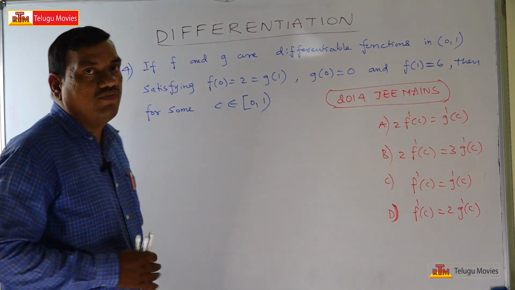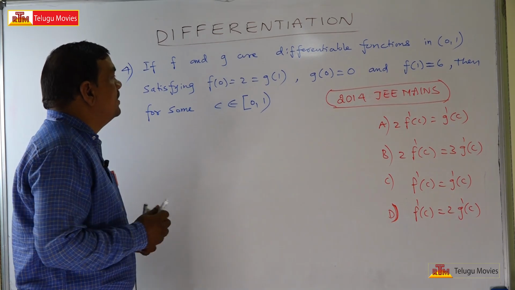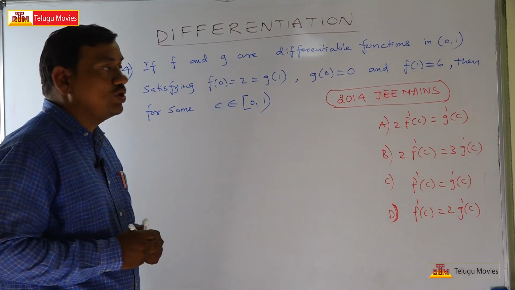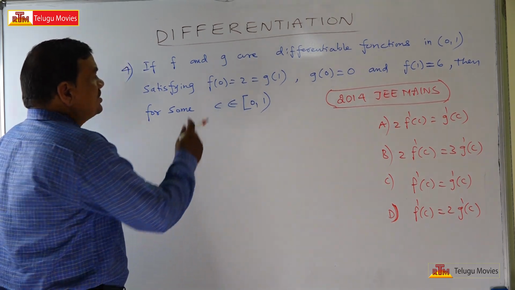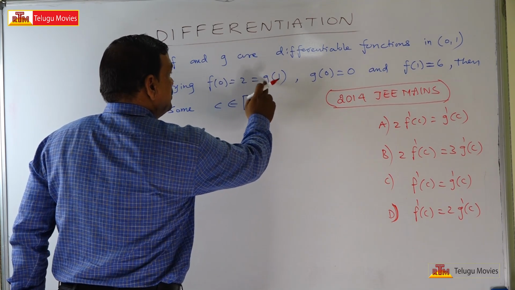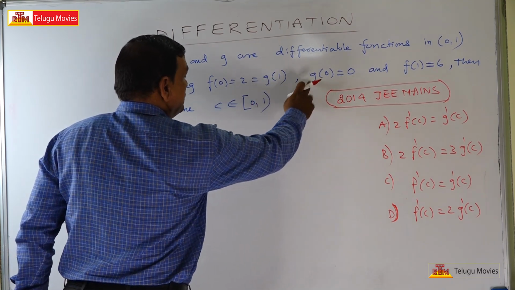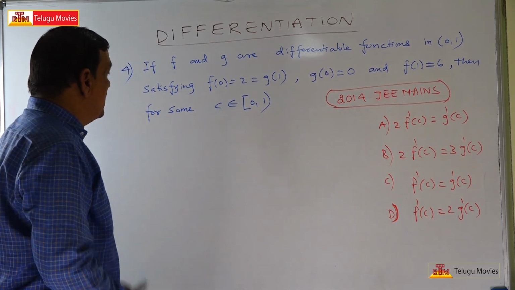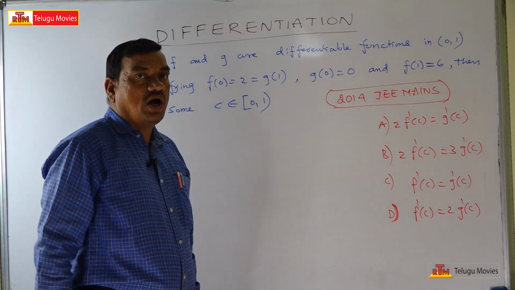So see it one by one, step by step. f and g are differentiable functions in (0, 1). The conditions given are f of 0 is equal to 2, that is equal to g of 1, and g of 0 is equal to 0, and f of 1 is equal to 6. Then for some c belonging to (0, 1).